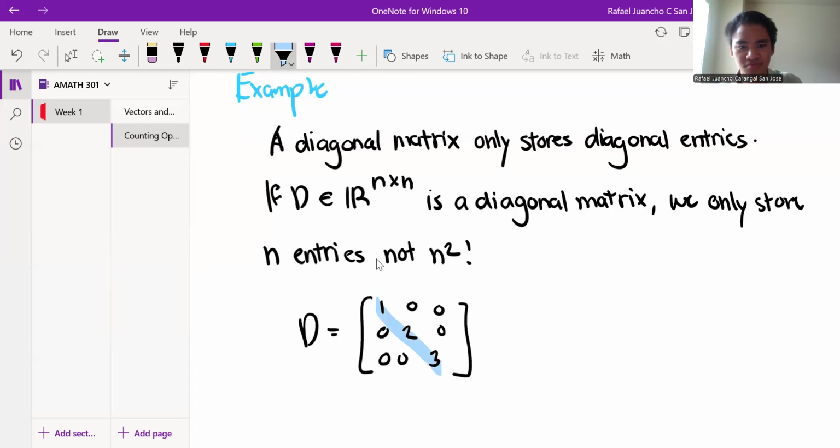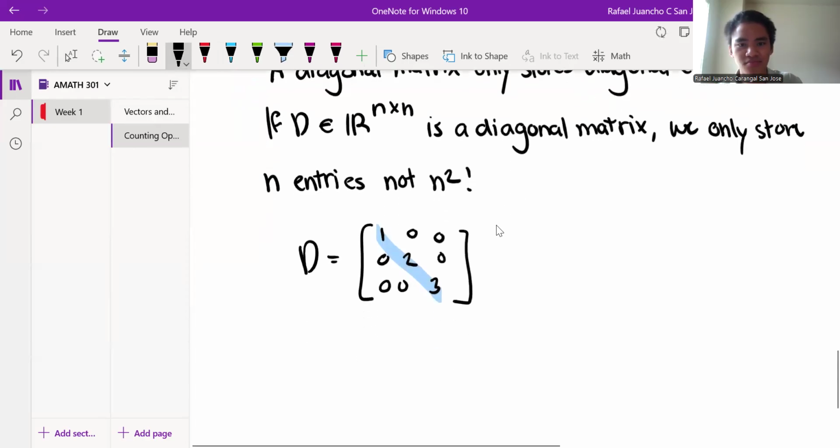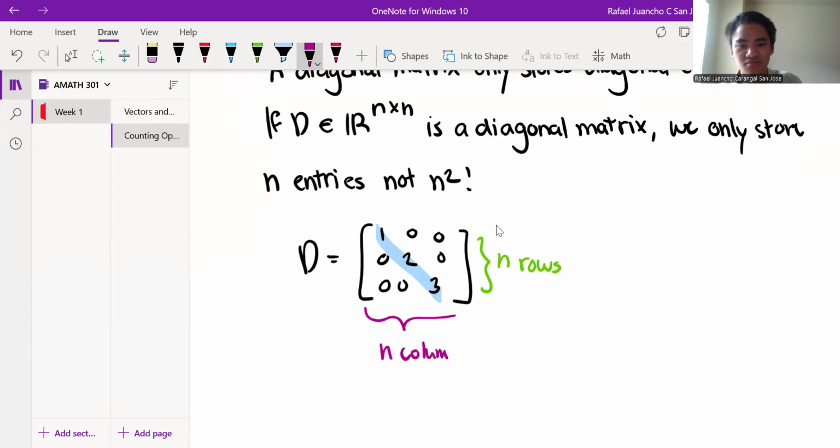This is what we're storing, right? Here we have n rows and n columns. Actually, we have 3 rows and 3 columns, right? How many numbers did we store? 1, 2, 3. Because it's a diagonal matrix.